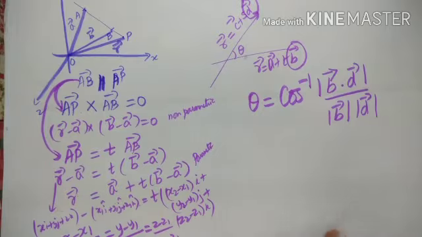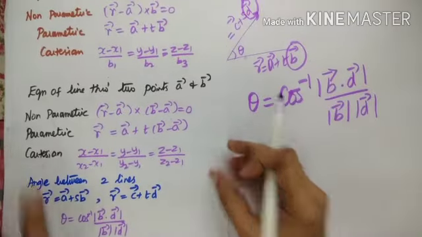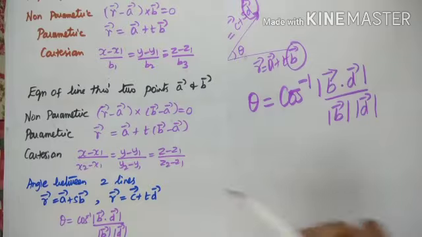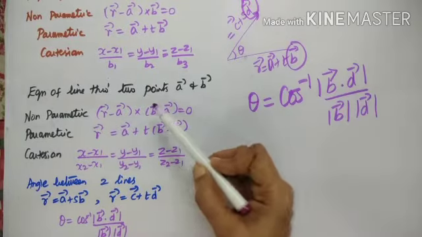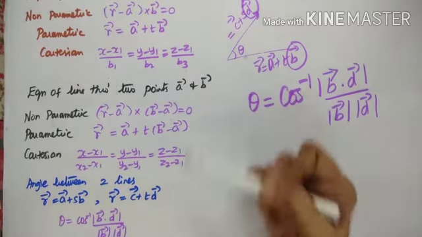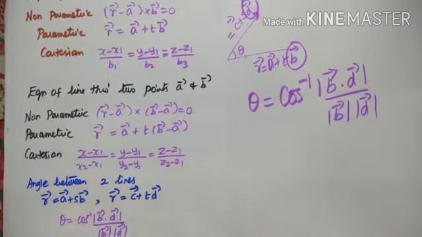So in this exercise we are going to do 3 different models. The first model is a line through A vector parallel to B vector. The second model is a line through 2 points A and B. And the third model is combining both: the angle between the 2 lines.